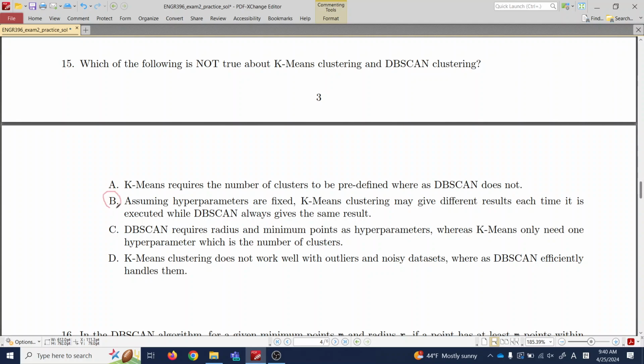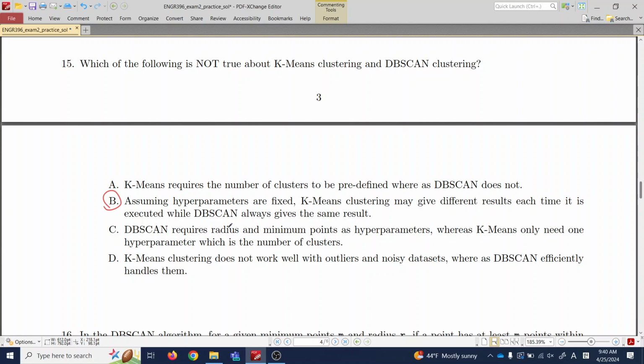Both of them are not deterministic algorithms. K-means starts by choosing some arbitrary centroids and then it starts changing them. DBSCAN also starts by choosing random points in the beginning. Okay. DBSCAN requires radius and minimum points. Correct.